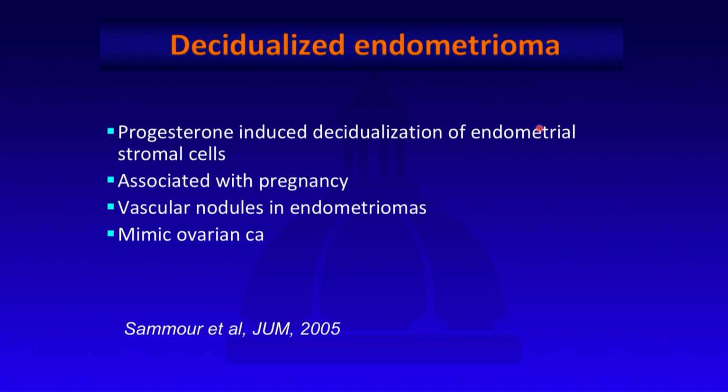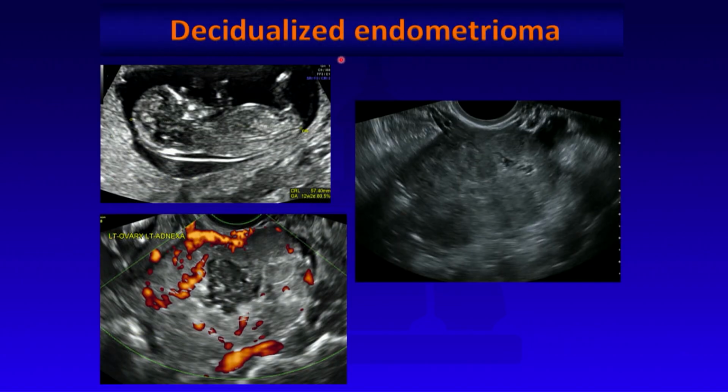Now, sometimes in pregnancy, they can look really weird, because with progesterone you can have decidualization of endometrial stromal cells, and this will create a vascular, solid-appearing nodular endometrioma, and it can really mimic ovarian cancer. So this was such an example.